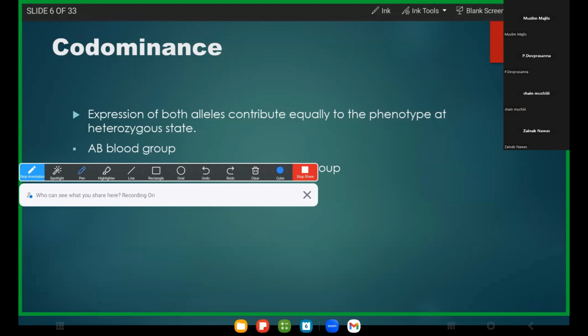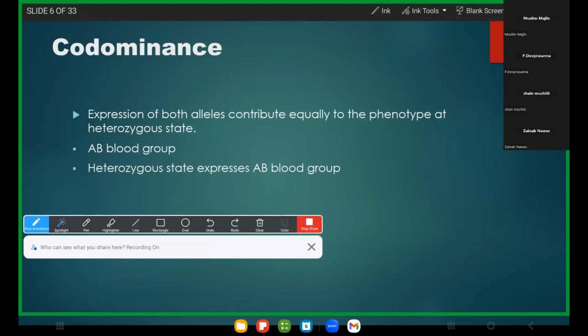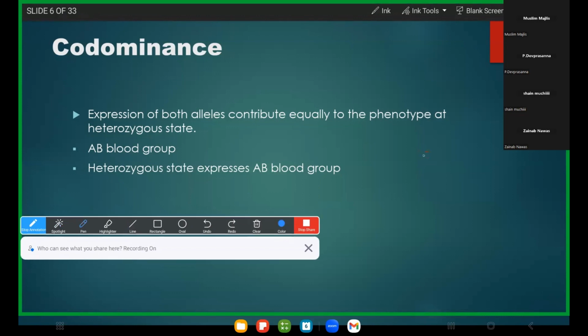So in this situation, we can consider the example of blood grouping, where we have blood group type A and group B. This is expressed by IA, and this is expressed by IB. So homozygous A would be IA, IA.